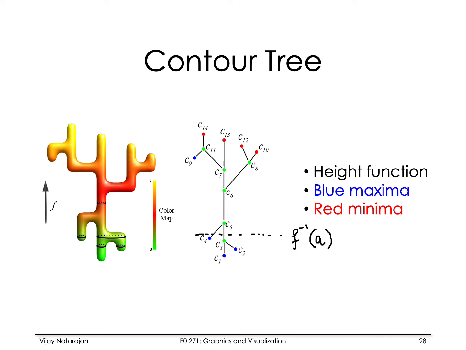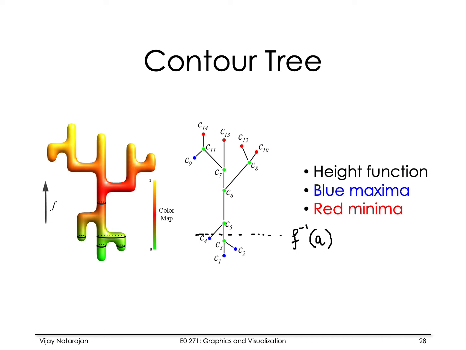So I am given A, a scalar value, and I would like to extract the connected isocontour with isovalue A. Now, by looking at the tree here, I can see that it has two connected components. But the way I can recognize this is by computing the tree in some pre-processing step and searching through the edges of the tree now, rather than searching through all cells of the domain.